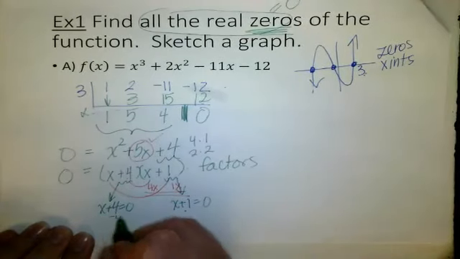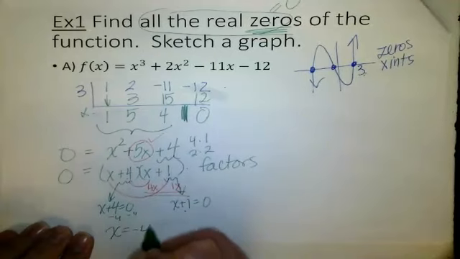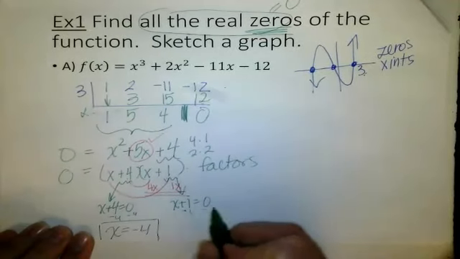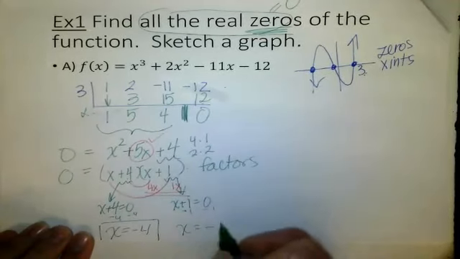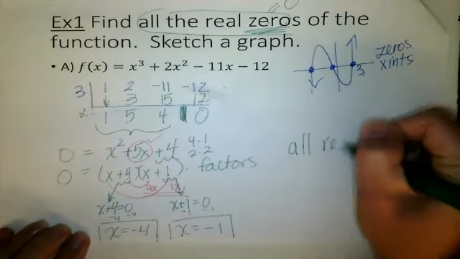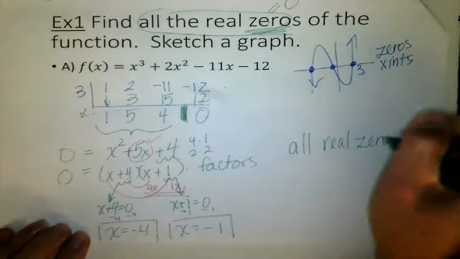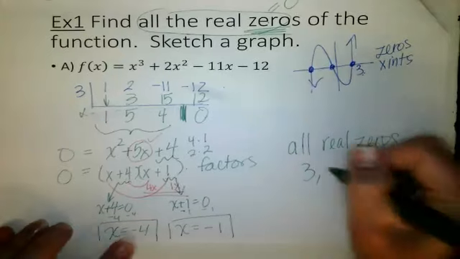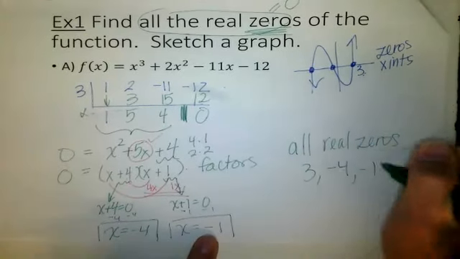Subtract 4. All right, so we get x equals negative 4. And over here, we subtract 1, and we get x equals negative 1. So ladies and gentlemen, what are all the real zeros? We found the first one, 3. What else? Negative 4 and negative 1.